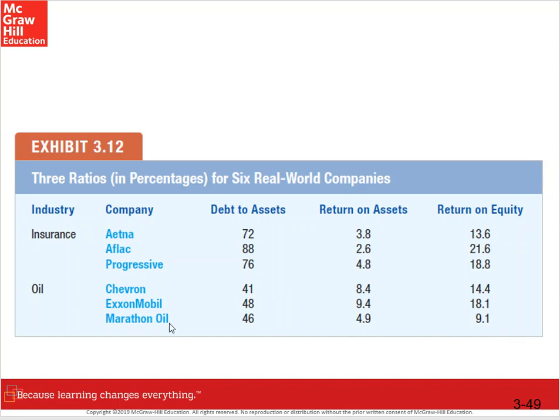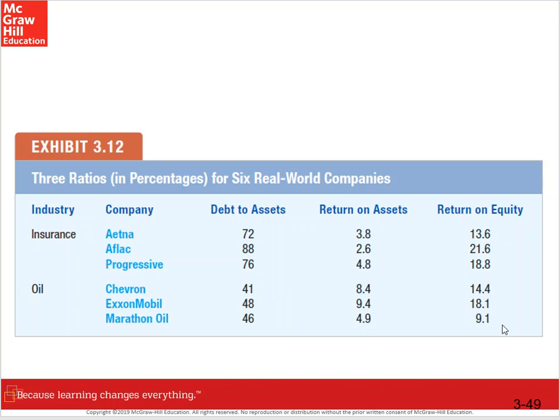So initially it looks like Marathon might be the weakest of these companies, but then if we're considering investing in something, do we want to invest in a company who's already made their money, that they've already been highly successful? Yeah, we could invest in that and continue to see that company grow and do well.